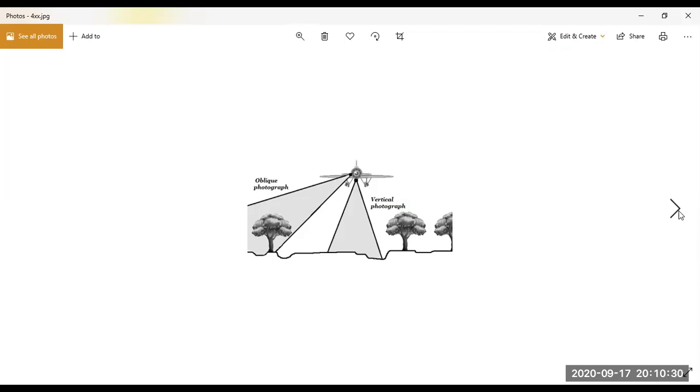When you're looking at soil definitions, for example, at soil marks, crop marks are really well understood when you're using vertical photographs.